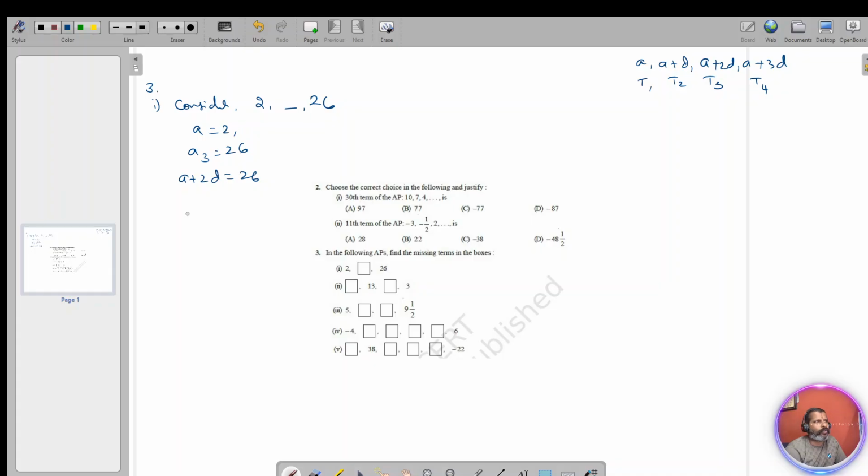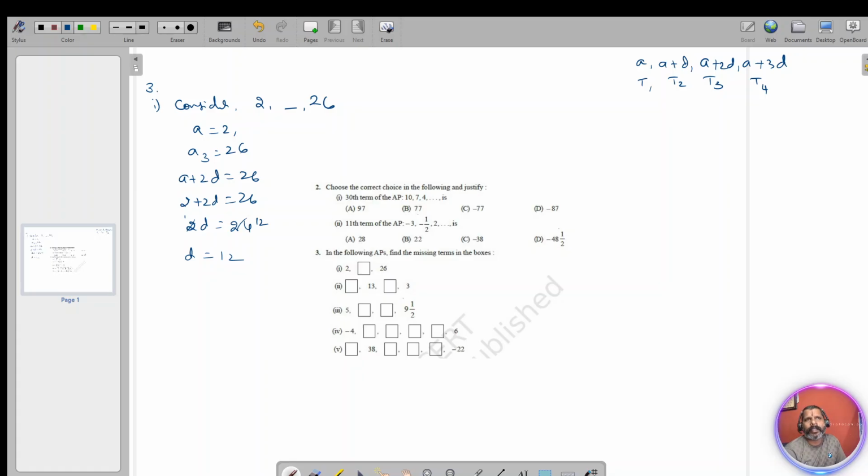We know a is 2, so 2 plus 2d is 26, therefore 2d is equal to 26 minus 2, which becomes 24, 2 twelves are 24, therefore d is equal to 12.